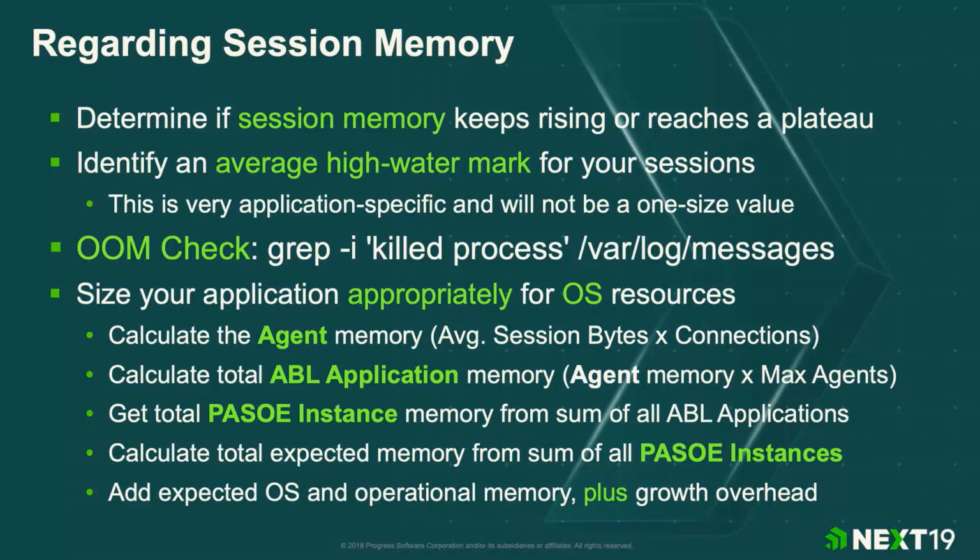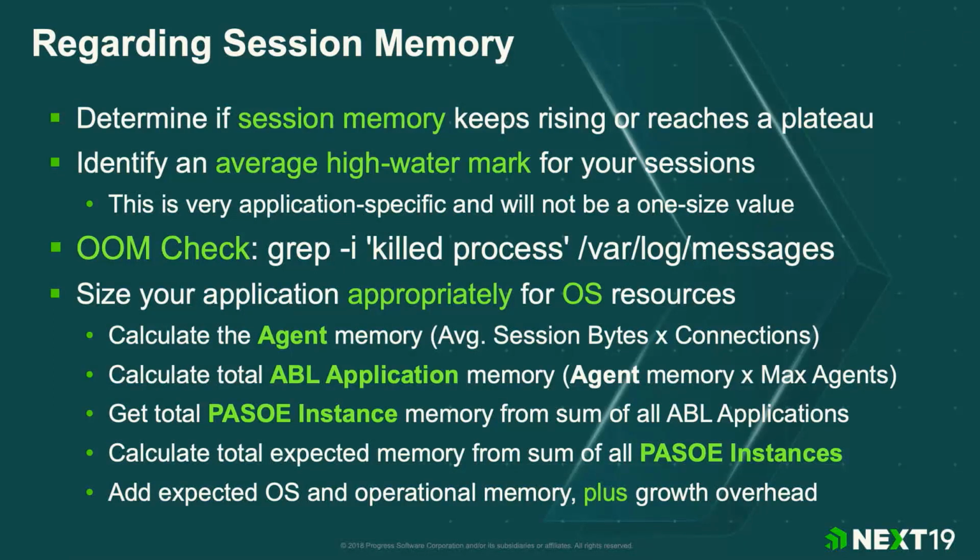Going further, figure out, well, for the PAS instance, sum up all of your ABL applications, and now you know, okay, I got a ballpark figure of how much this entire PASOE instance is going to take up in memory. And then lastly, all of your PASOE instances that you've calculated, sum those up, and now if those all live on the same machine, now you know ballpark of how much the PASOE instances are going to take up.